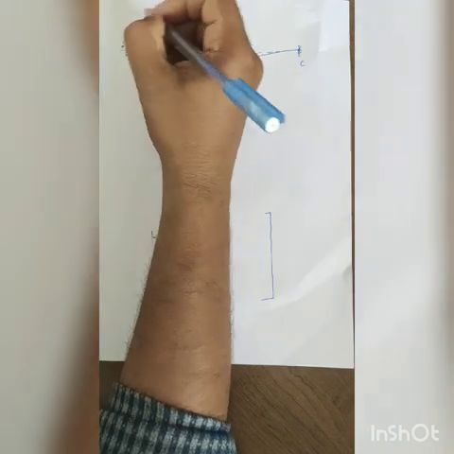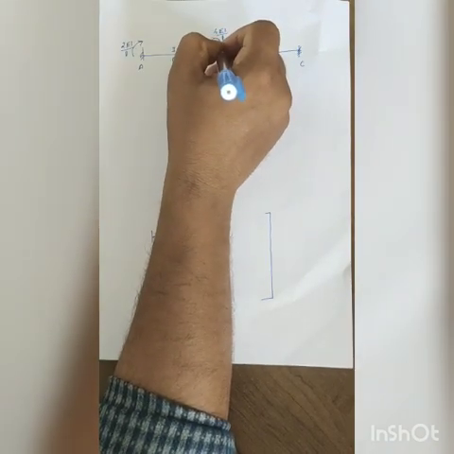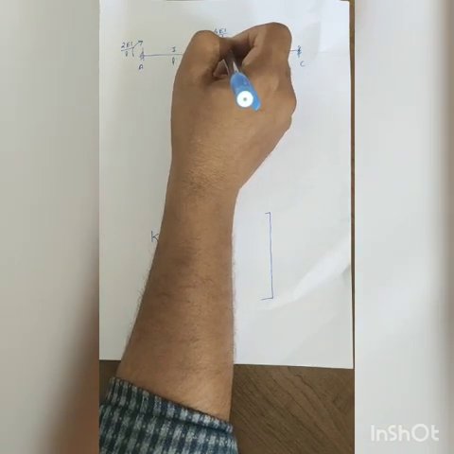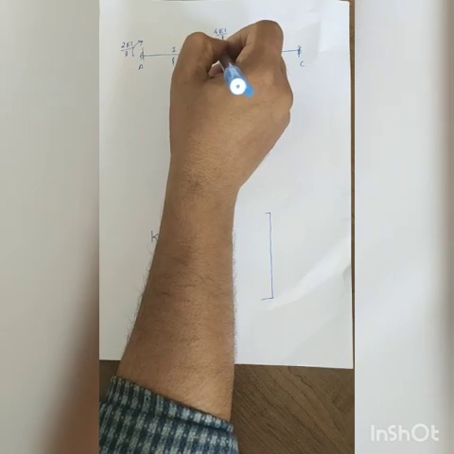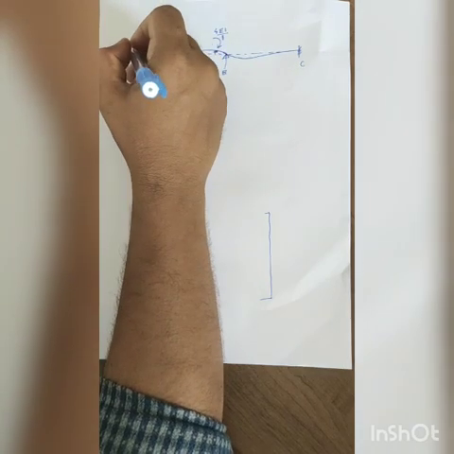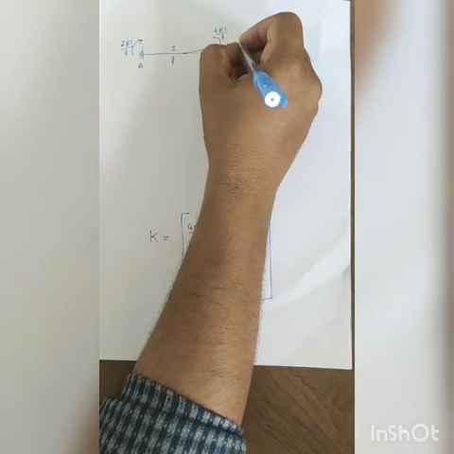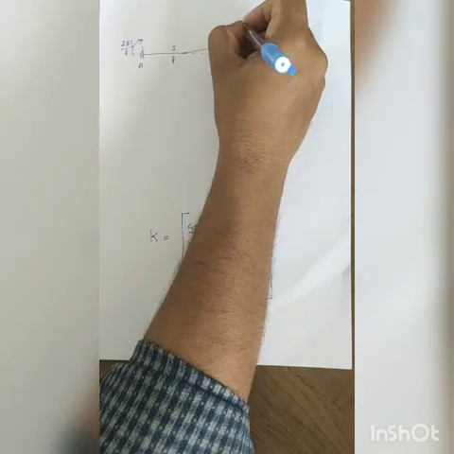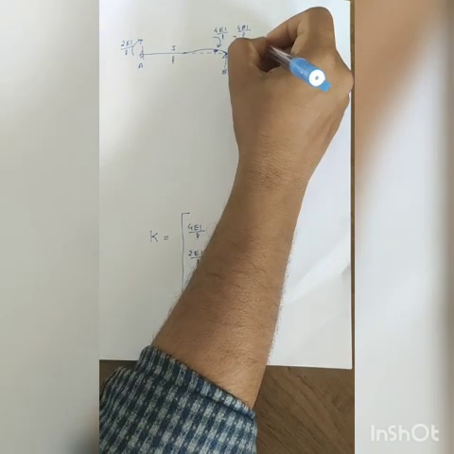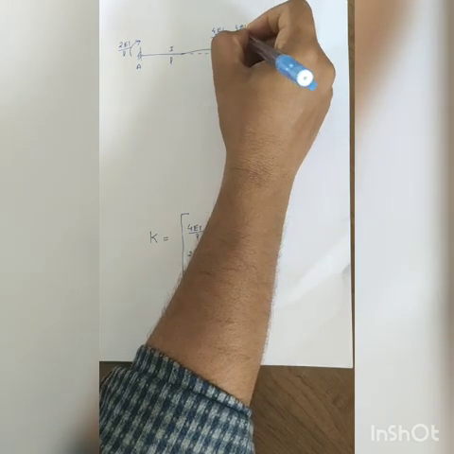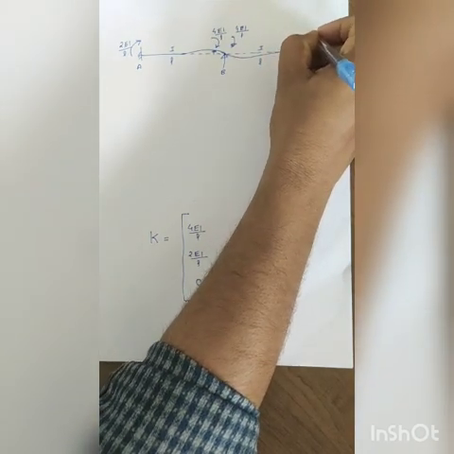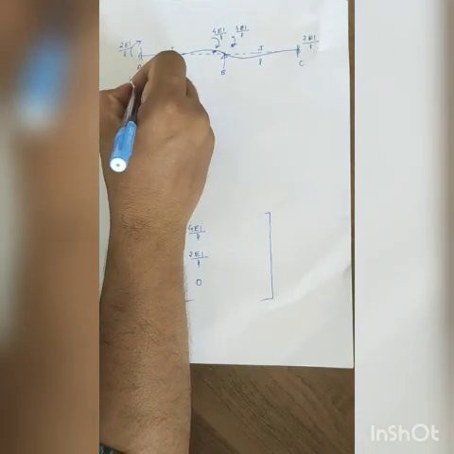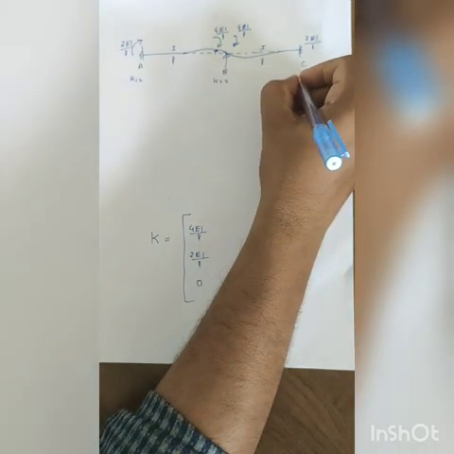In the last case, from the slope deflection equation, we have seen that the moment induced will be in the same direction as the applied rotation, and at the location of applying theta there will be 4EI by L, and at the farther end it will be 2EI by L. Similarly here also for theta B, the moment here again will be 4EI by L, since this is also I and this is also L, and the moment transferred at C is equal to 2EI by L. So this is K12, this is K22 and this is K32.